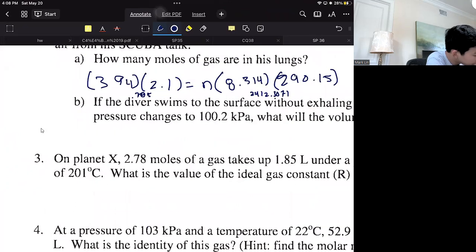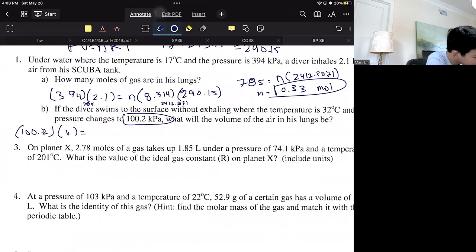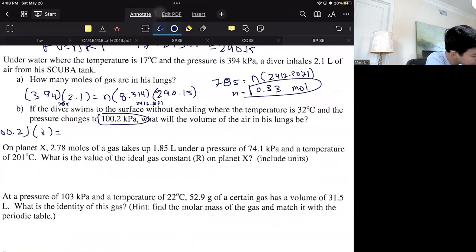So still plugging and chugging, the pressure is going to be 100.2. The volume is what we're trying to find. The moles of gas is 0.33, as we found earlier.